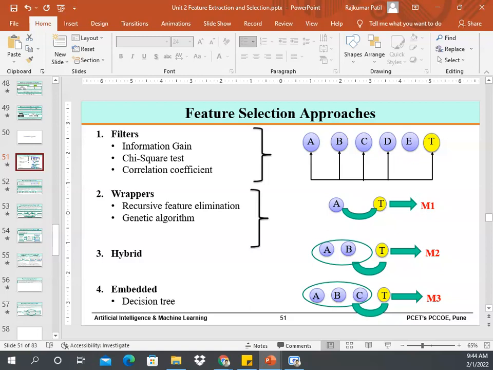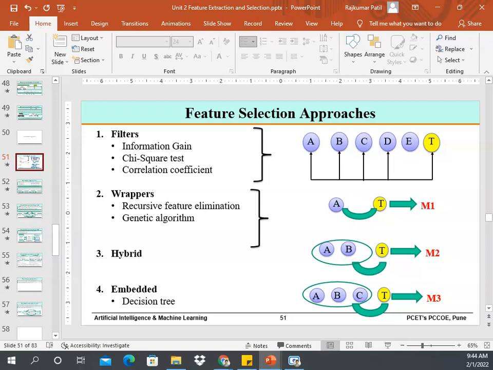In that, one by one, we checked how each individual parameter is impacting our model, and that impact indicator is denoted by M1. Similarly, next time we go with parameter B, parameters AB, then parameters ABC. So we get all combinations, and we check how each is impacting our model. For each and every combination, we find the values of M1, M2, M3. These are the performance indicators, or they represent the impact of the variable on the model.